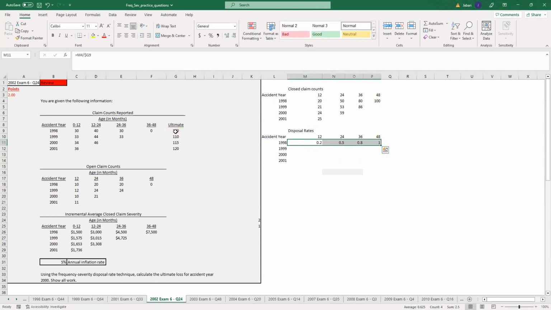Like so, and drag it down. There you go. We'll get rid of the zeros. Once we have the disposal rates, keep in mind we're only calculating the ultimate loss for accident year 2000, so we really only need the projected closed claims for the 36 and 48 period.